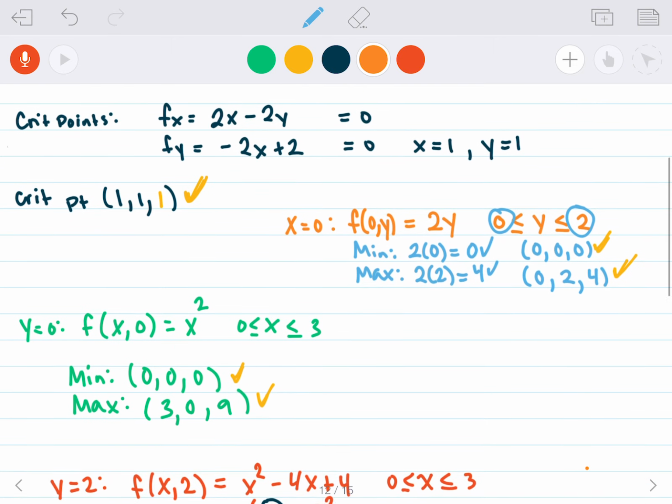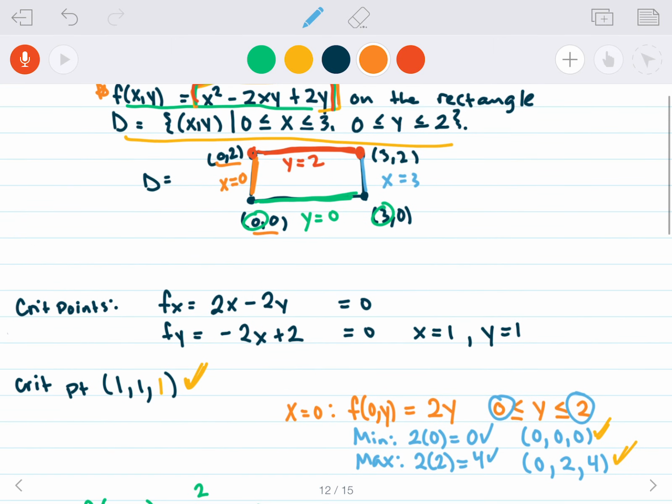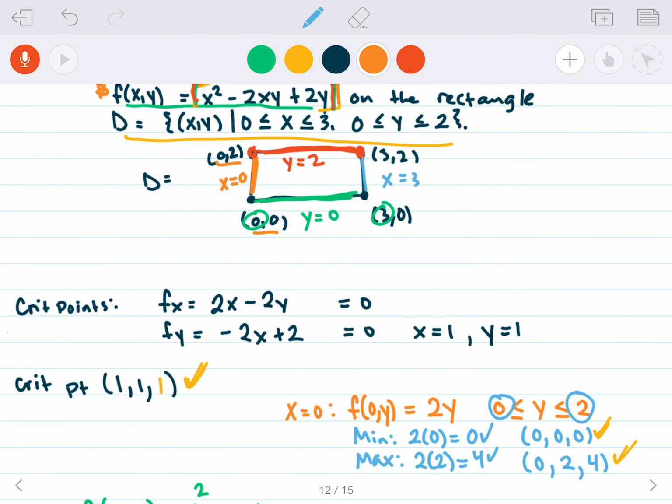And finally, our last boundary is the blue one, so this guy right here. We have x equals 3 as our equation. We're varying from y equals 0 to y equals 2.